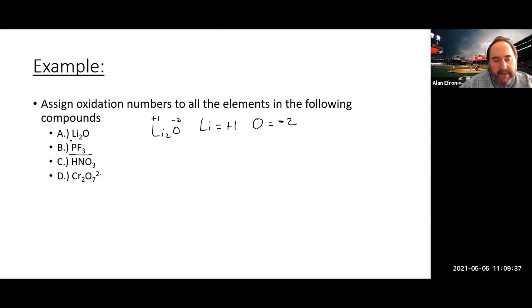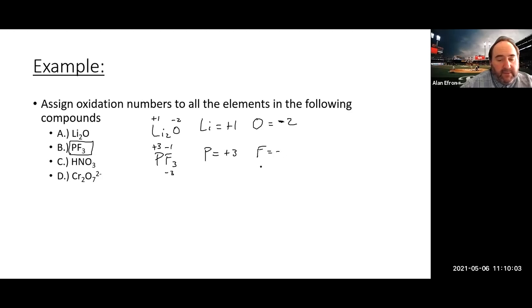Here we're looking at PF3. This is not an ionic compound, but there is some covalent bonding happening here. Fluorine is always going to be -1. That means there's a grand total of -3, which means the phosphorus here is going to be +3 in terms of its oxidation number.